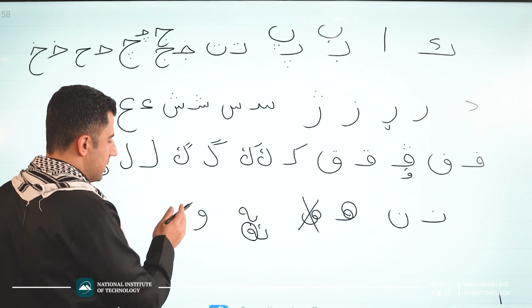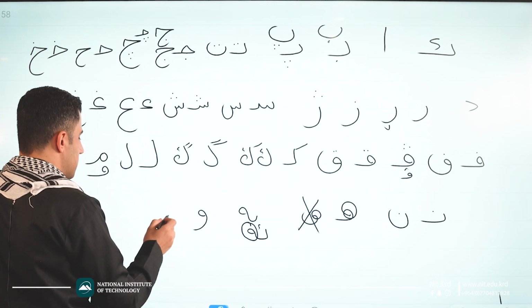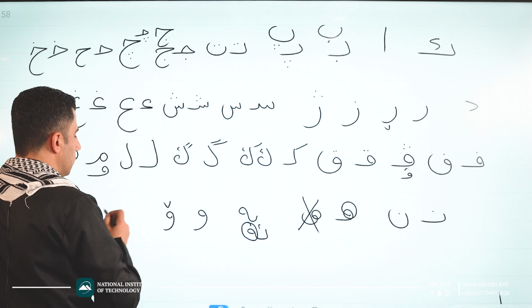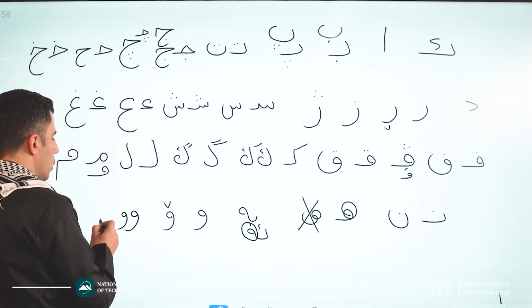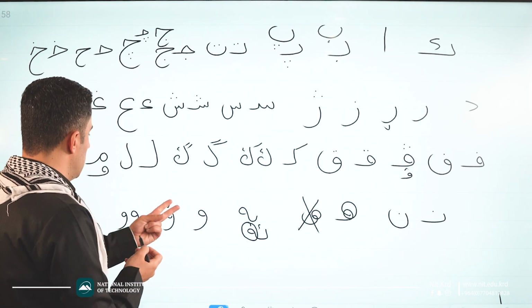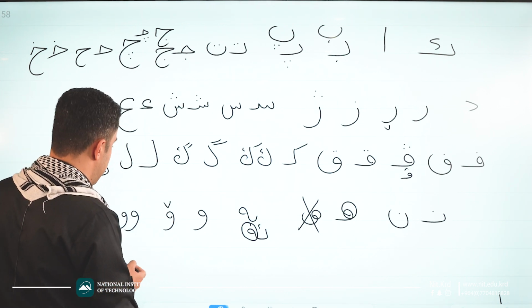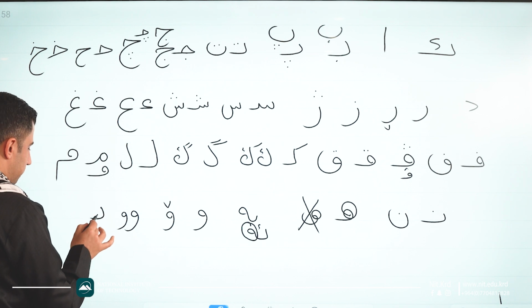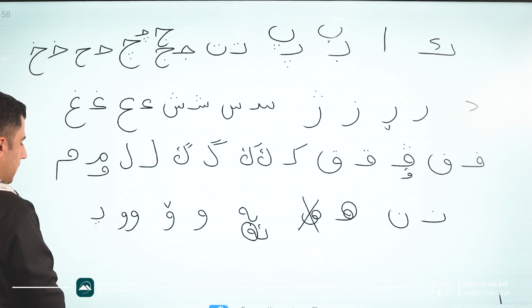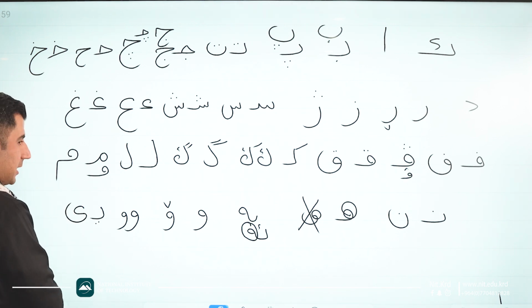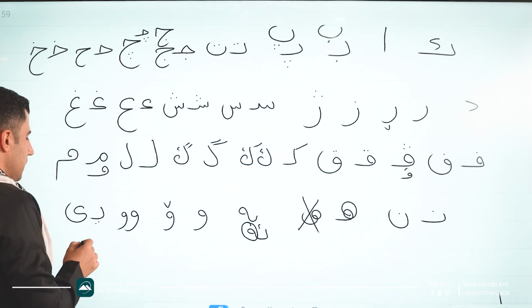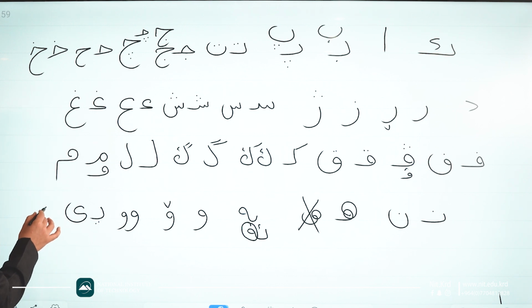In every place, this is the same. Beside this, we have wo, and we have long wu. Two wu together. And we have yi at the beginning and in the middle, and at the end is like this. That is yi. After yi, the last one is ye.